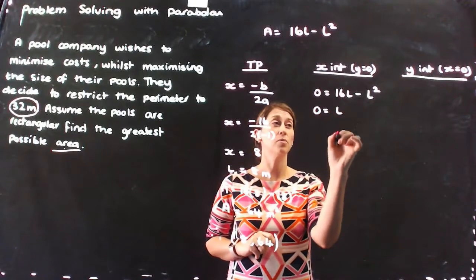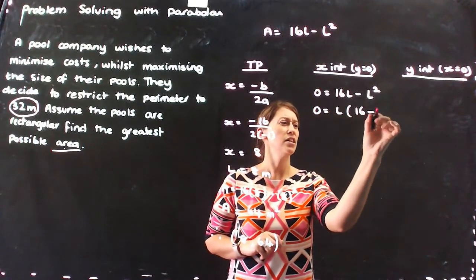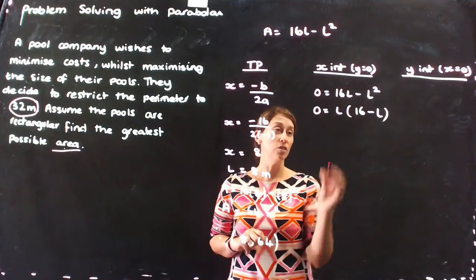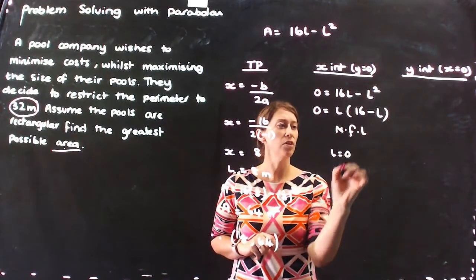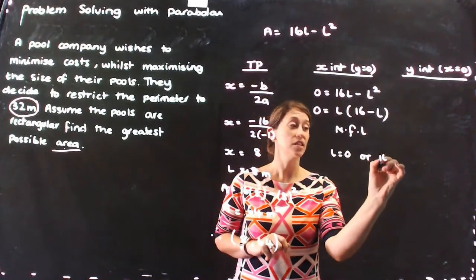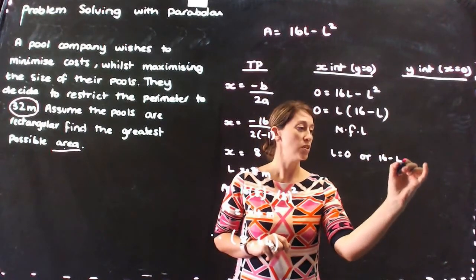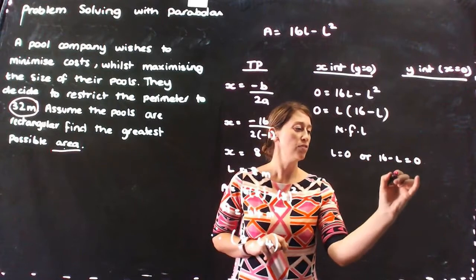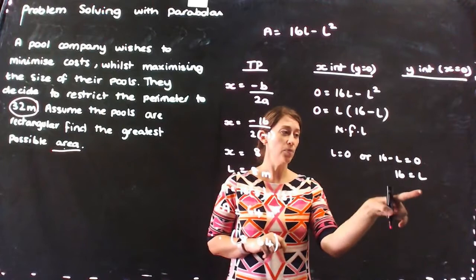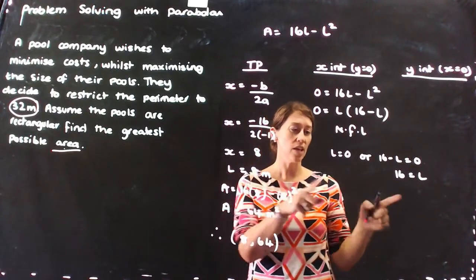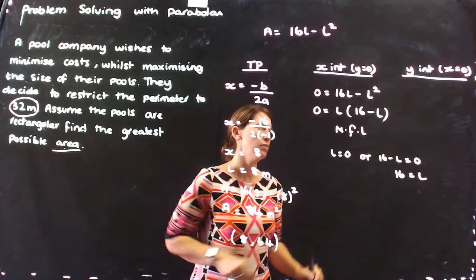So I can pull out the common factor L, and I get L times 16 minus L. Now I'm going to use the null factor law to solve this. So either L equals 0, or 16 minus L equals 0. Moving that one over, 16 equals L. So either L equals 0 or L equals 16. They will form my two roots on the graph.